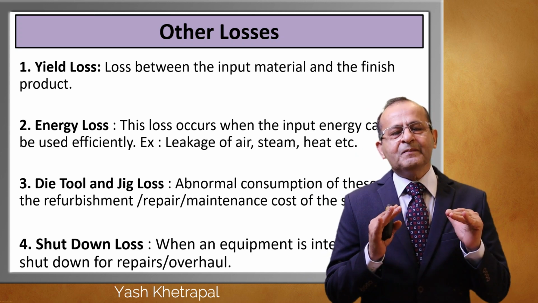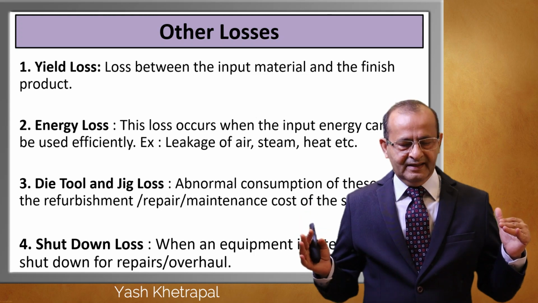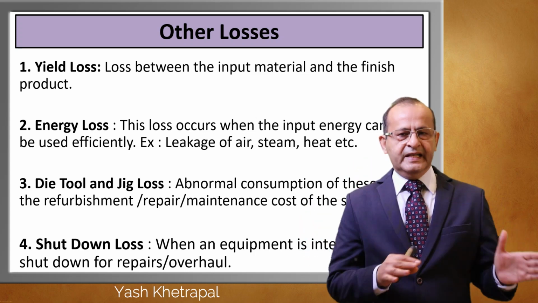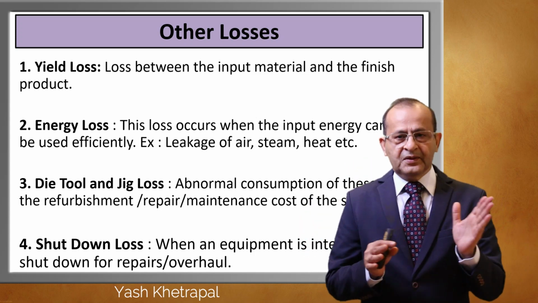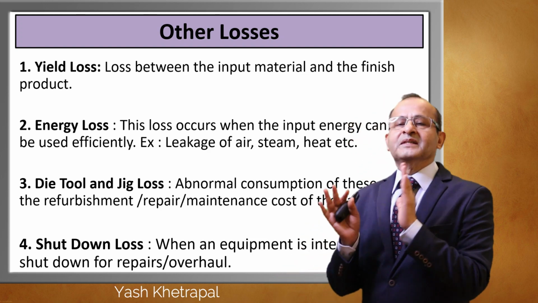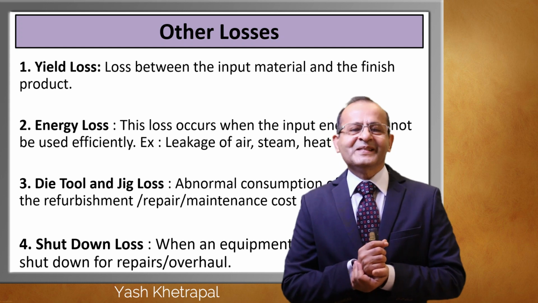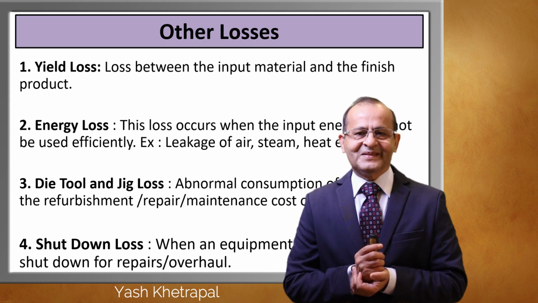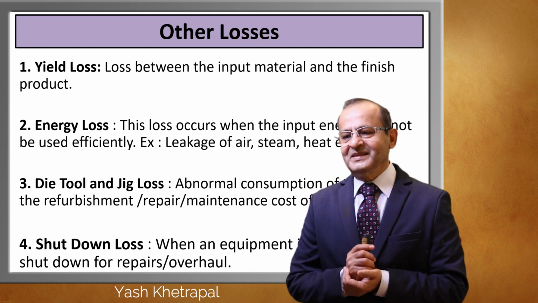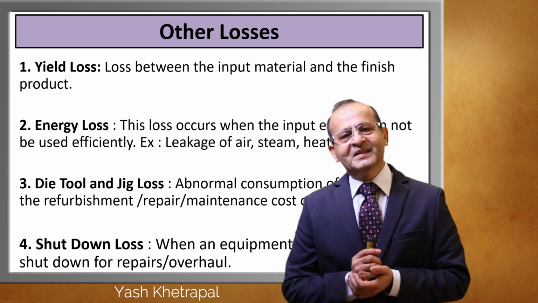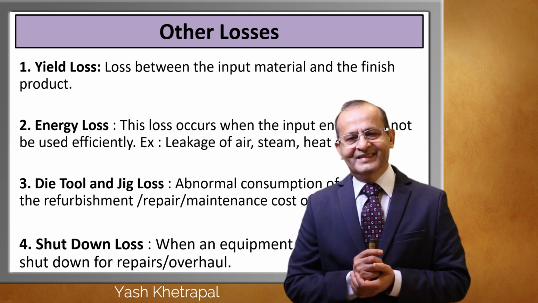Their entire planned maintenance is done. Staff is given paid leaves. They are not allowed to come to the factory. Equipment is overhauled. If you do it that way, then it's an investment for the company. It's not a loss. But otherwise, if we have to shut down for sudden repairs, etc., it's a loss.